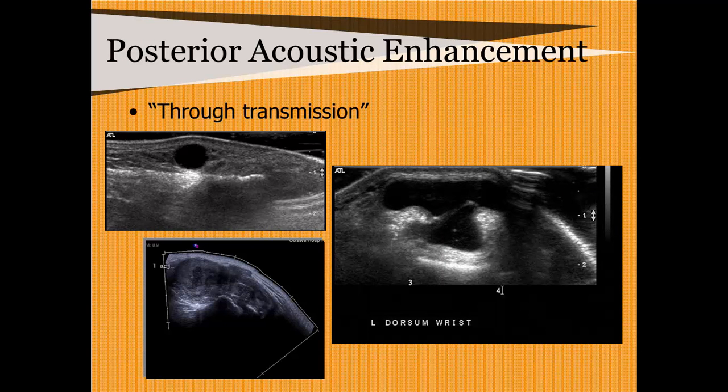Posterior acoustic enhancement, or through transmission. You're going to get the sound beam moving through this substance, and you're going to have enhancement behind here. So you've got this nice enhancement pattern behind things like cysts, or you can even get it sometimes with a complex type of collection.